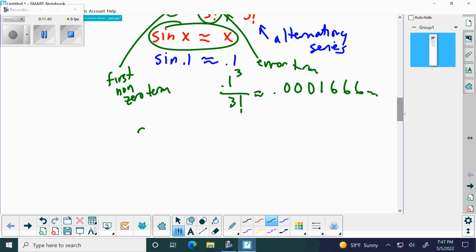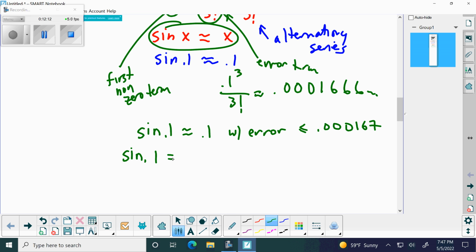So I can say that sine of 0.1 is approximated by 0.1 with error less than or equal to 0.000167. Well, let's take a look. What is sine of 0.1?